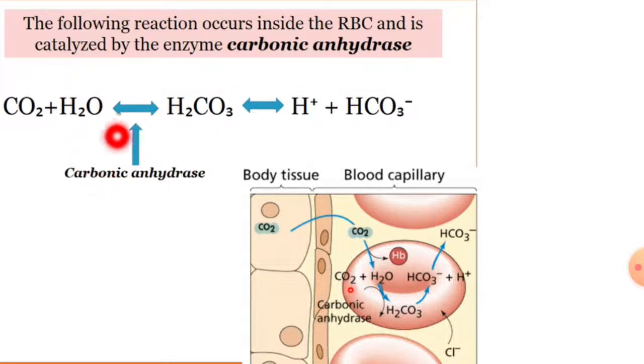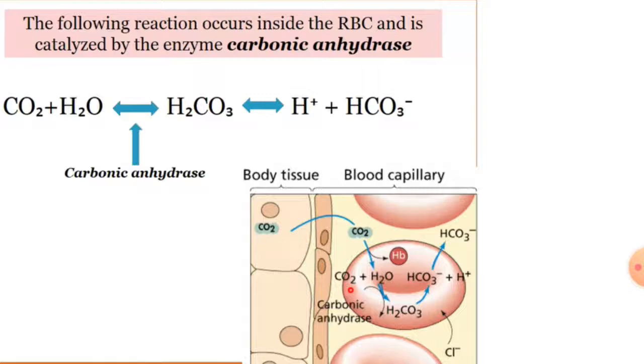In the presence of carbonic anhydrase, it will form carbonic acid, which then dissociates to form hydrogen and bicarbonate, and this is the buffering action of blood. As we said, it plays an important role in acid-base balance.